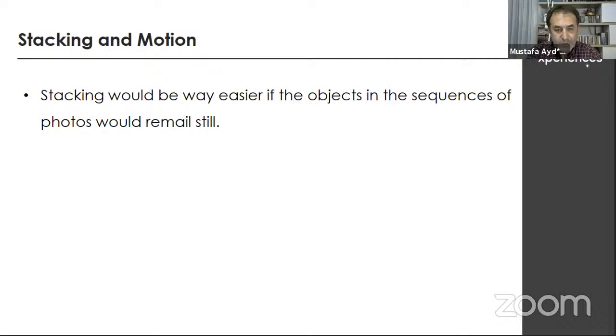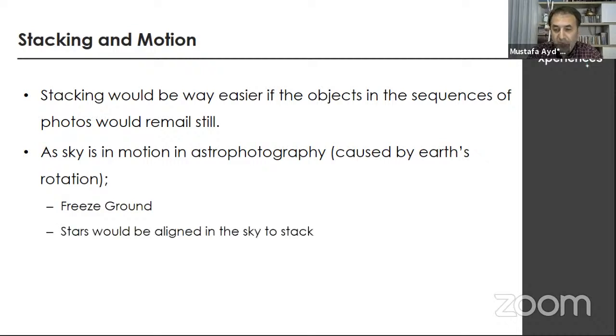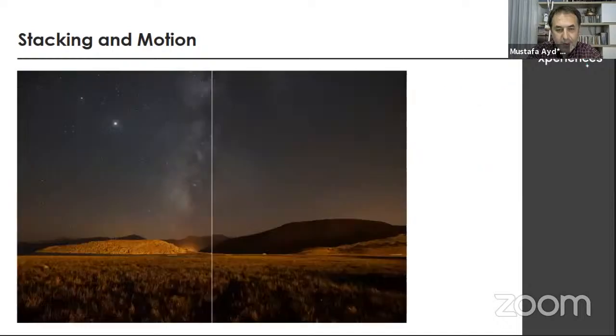You will have to tell the software where the sky is, that means where the stars will be, and the program will first register, in other words align, the stars, and then it will stack. So it will freeze the ground so that the ground also looks good, and the stars will be aligned in the final stacked image. And we are lucky that these software programs do that for us.